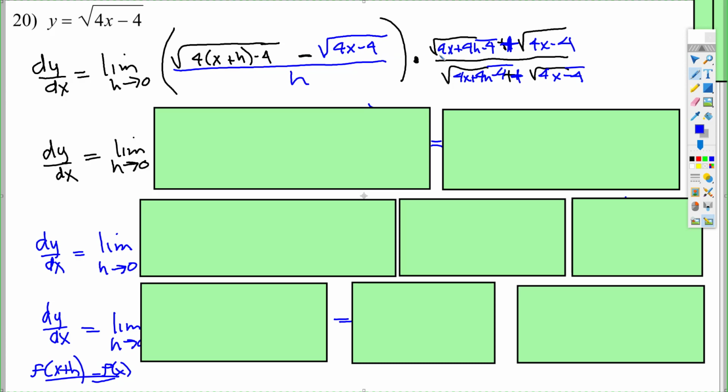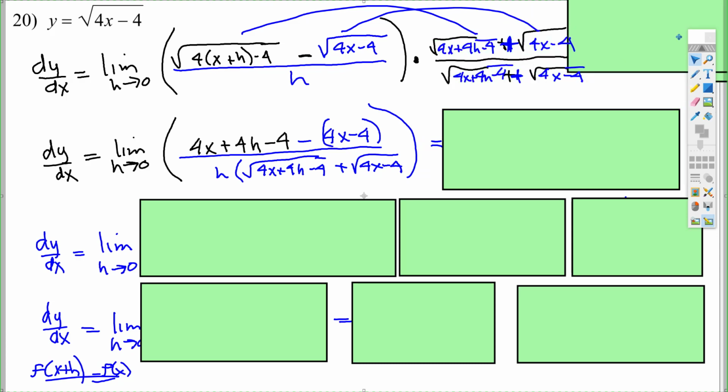But because the numerator, those are conjugates, multiply the first times the first, and the radical sign goes away. Multiply the second times the second, and the radical sign goes away. So what you're left with is 4x plus 4h subtract 4, minus the second set. When you multiply those two radicals, it just leaves 4x subtract 4. Well, there's a positive 4x, and that's subtract a 4x. There's a negative 4.